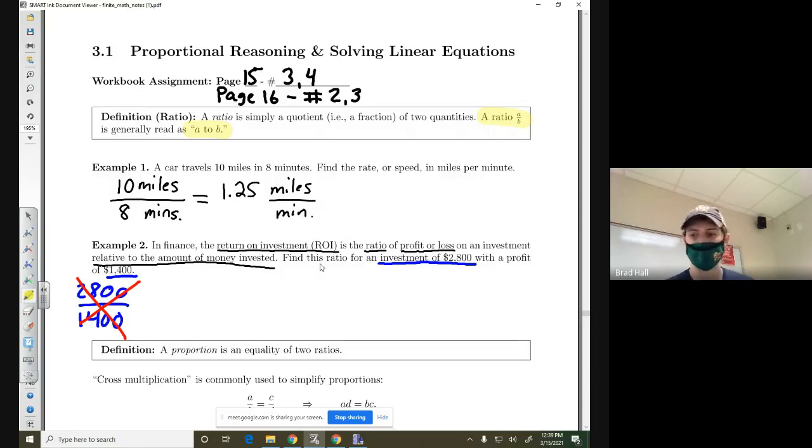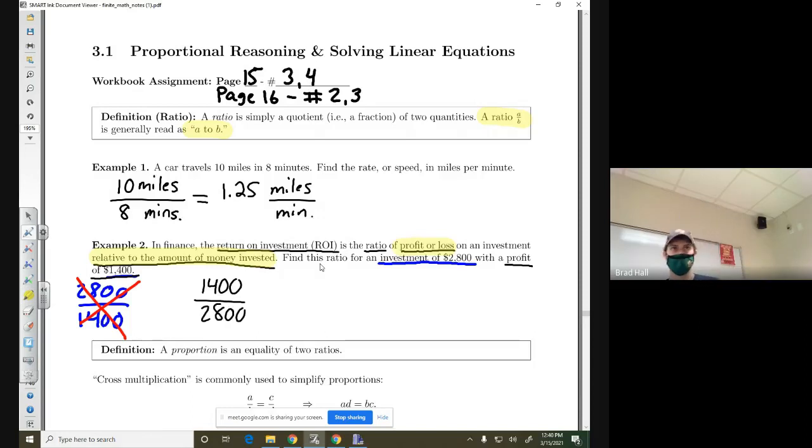So notice they want the profit or loss first. They switched the order of the numbers to mislead you. So notice the profit of 1,400 tells you that the 1,400 goes on top. And then the relative to the amount of money invested, well, you're investing 2,800.